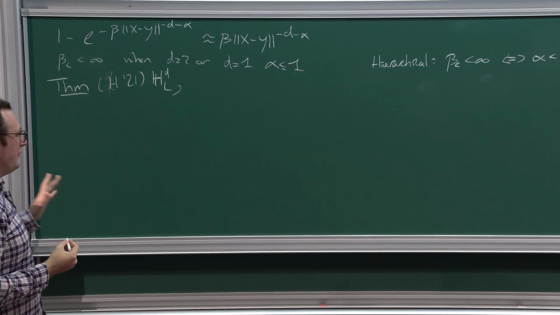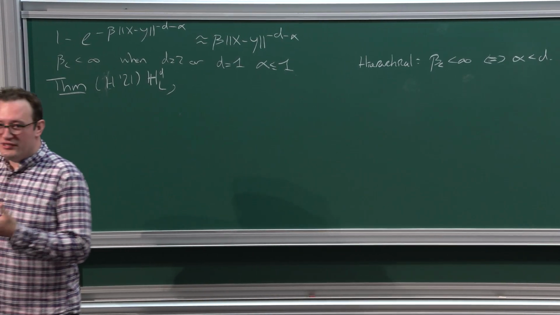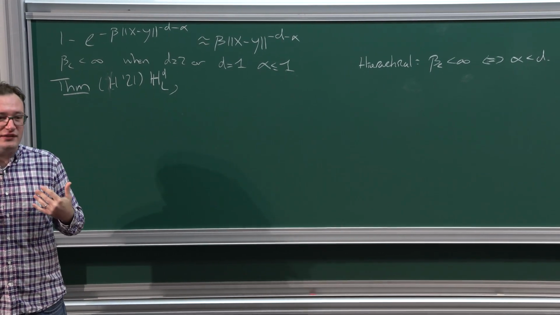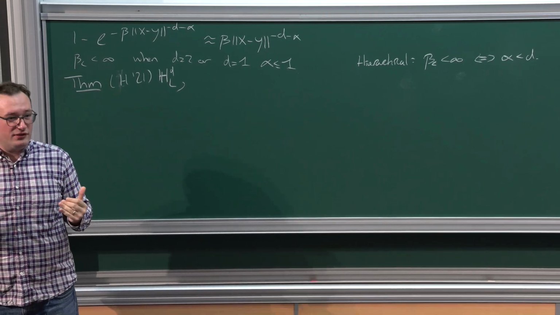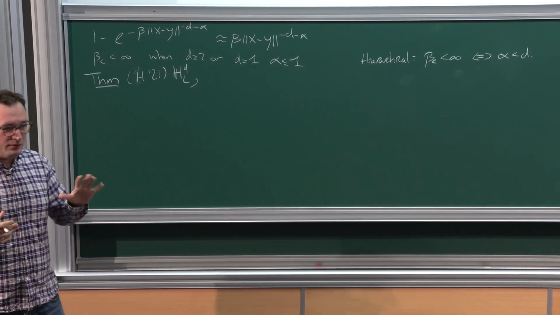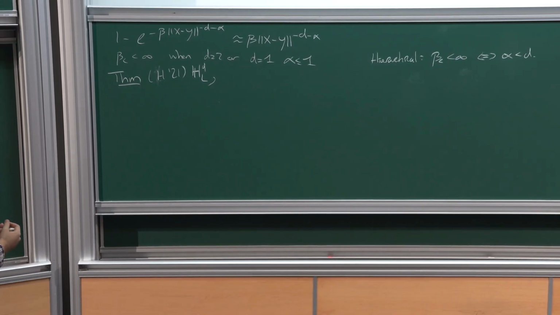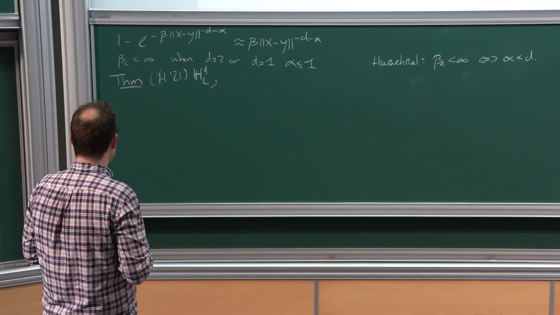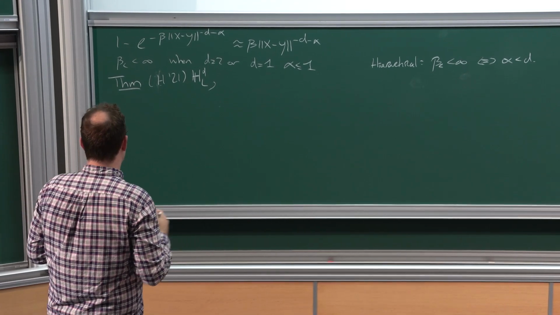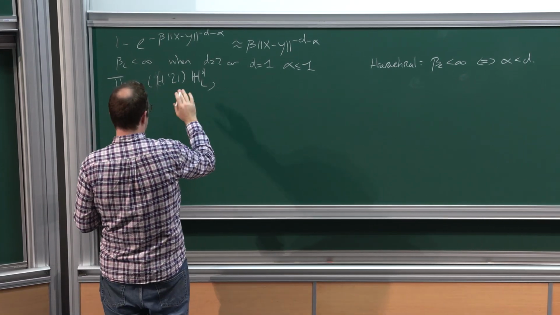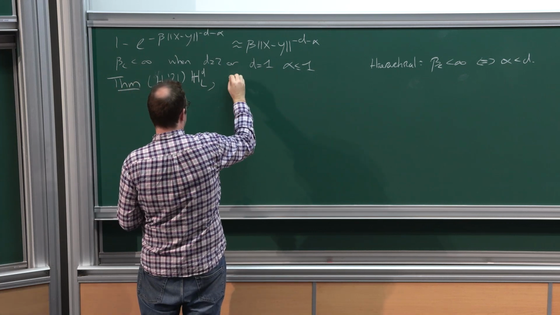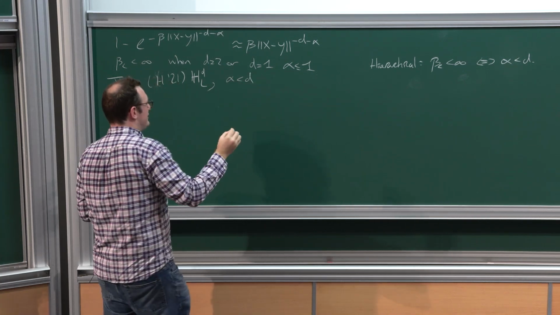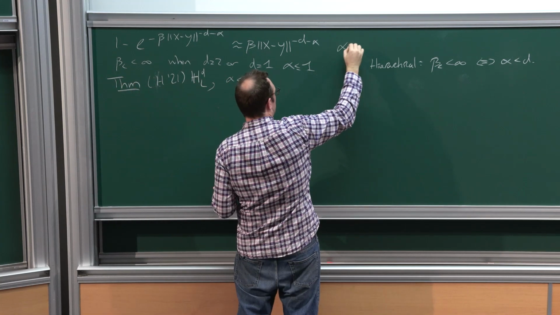And again, for the hierarchical lattice, the dimension is kind of fake in that you can always transform to the one-dimensional case while keeping the model equivalent. Good. So the theorem I stated last time was in the hierarchical lattice, alpha less than d, and alpha is always positive.